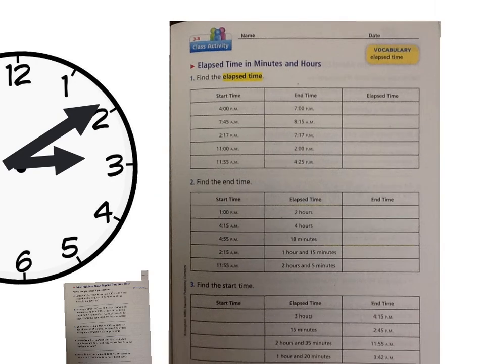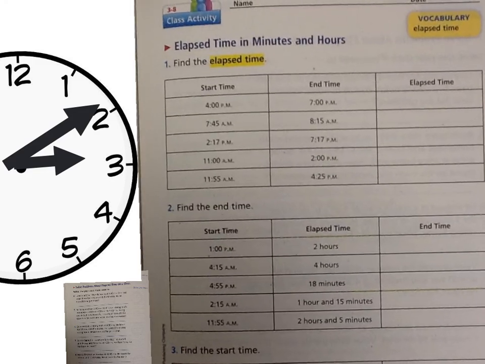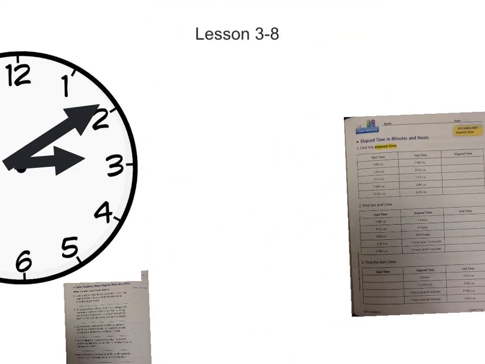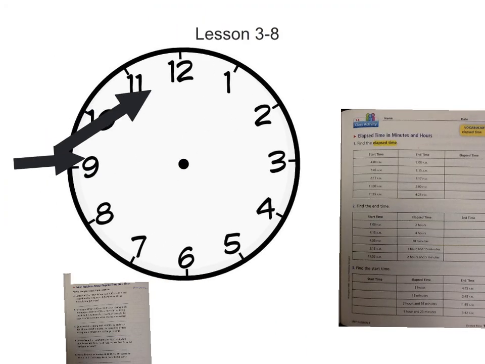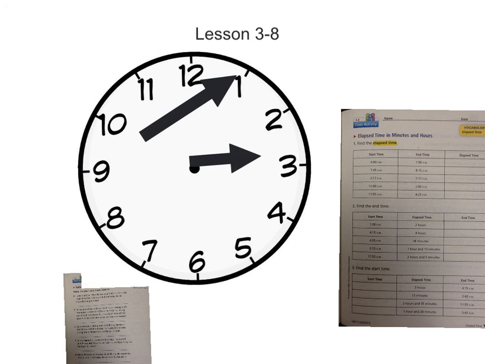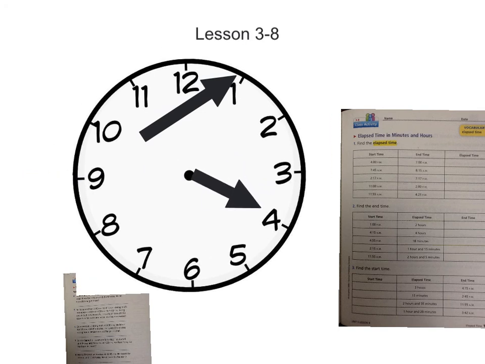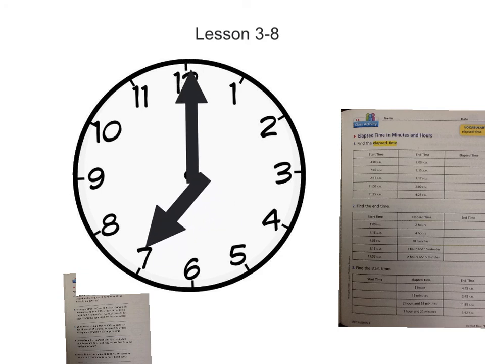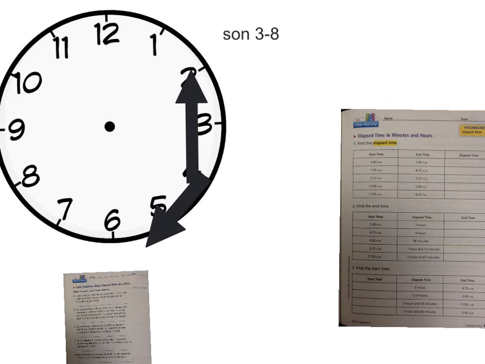Okay, so looking at the first page here in 185, the start time was 4 p.m. and the end time is 7 p.m. So the elapsed time there, I'll show you on here, it was 4 p.m. to 7 p.m. So 4 p.m., 5, 6, 7. So I don't need to change the big hand there because I kind of skipped over a spot there.